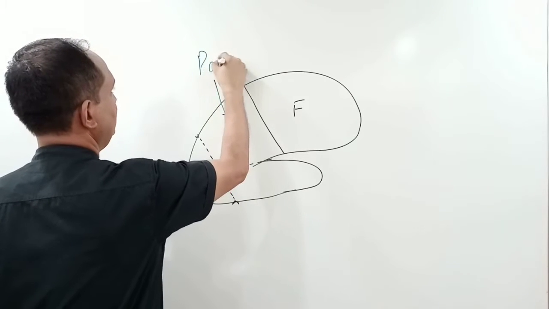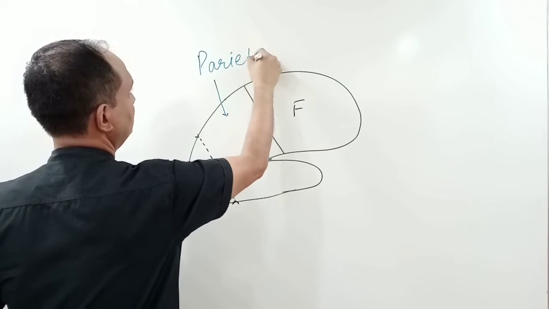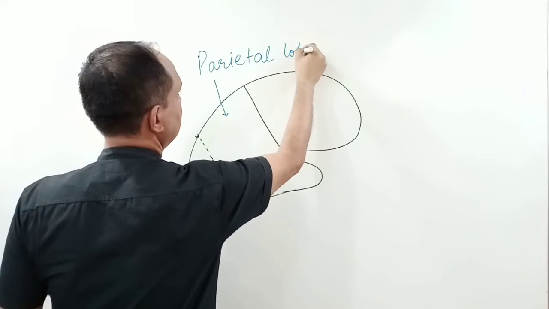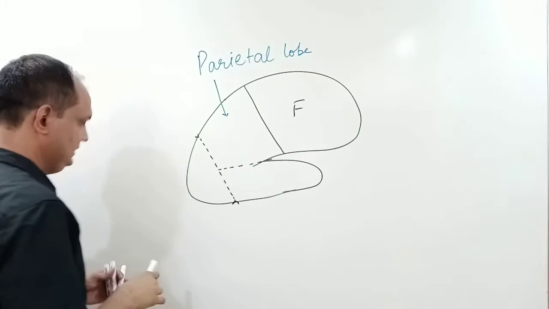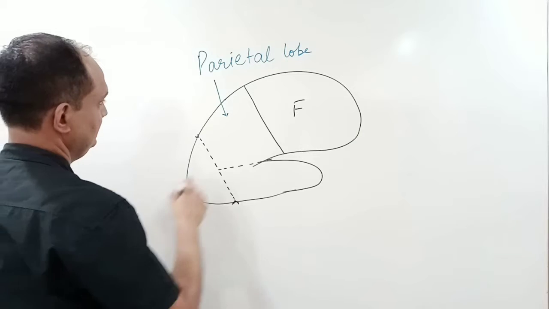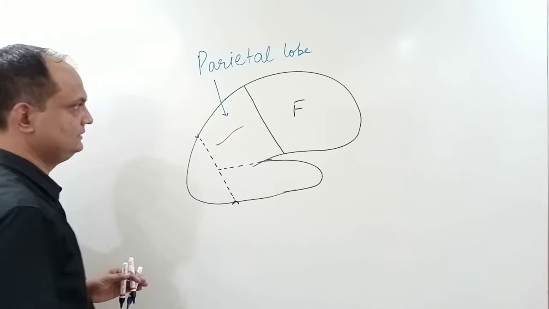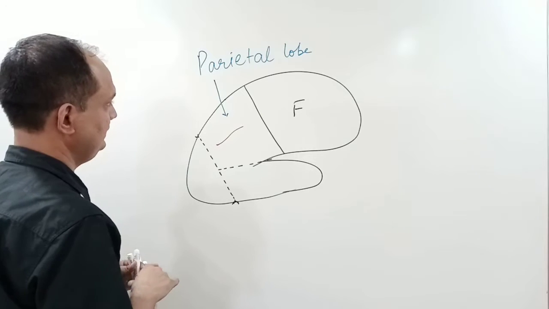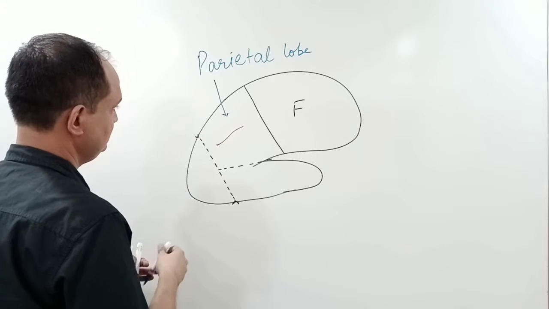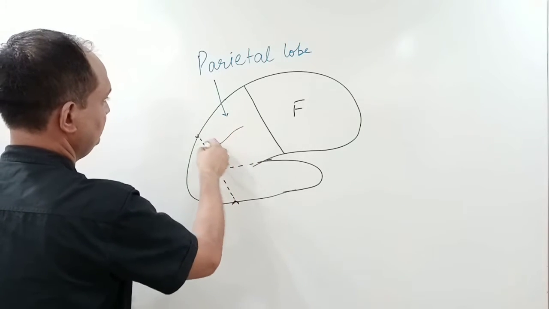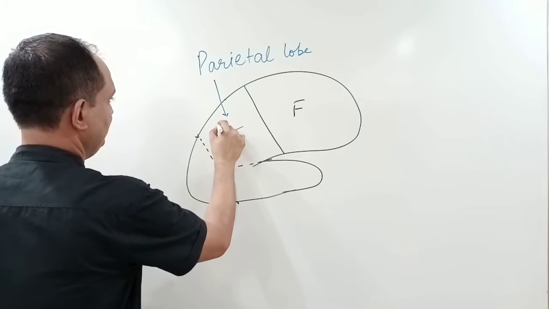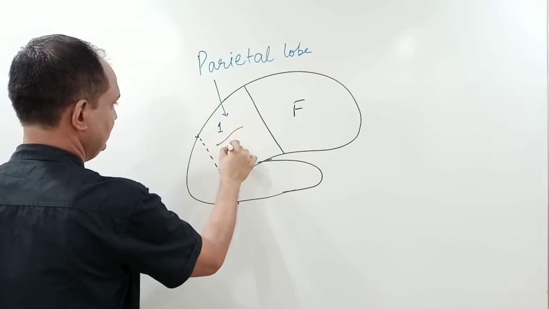Now in this parietal lobe you have a sulcus known as the intraparietal sulcus, and this intraparietal sulcus divides the whole parietal lobe into two parts, an upper part and a lower part.